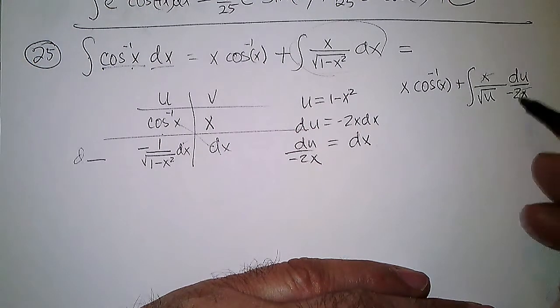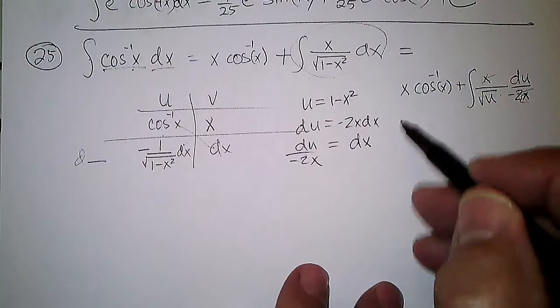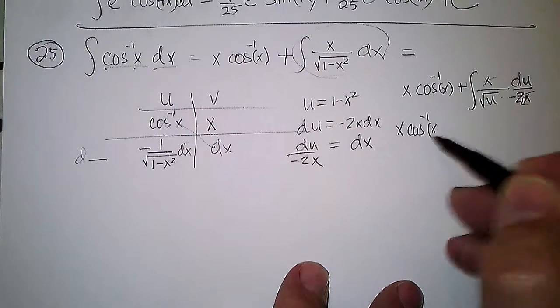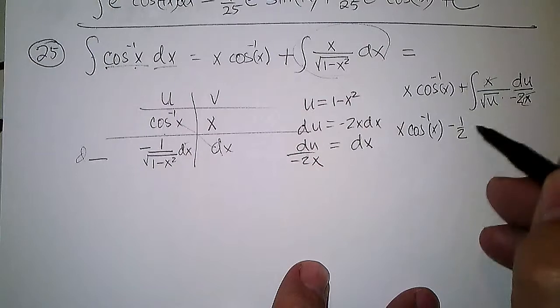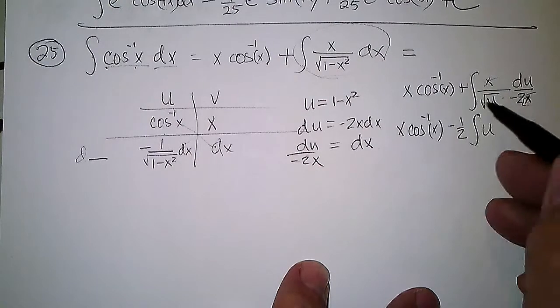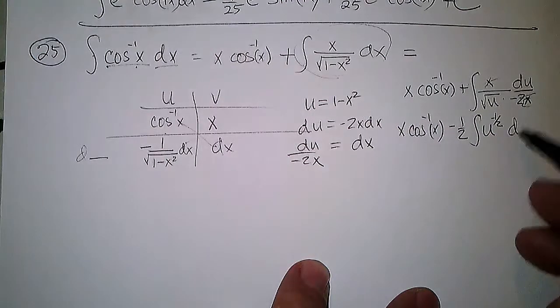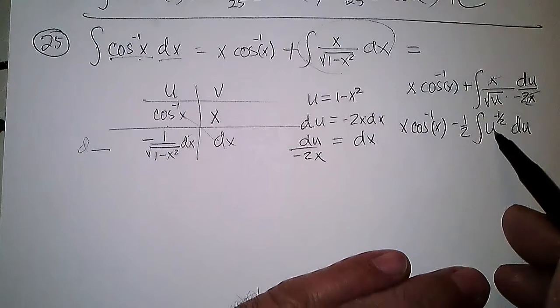The x's cancel, but the minus 2 comes out as a minus a half, so I have x cosine inverse of x minus 1/2 the integral of u to the minus 1/2, because that's in the denominator, du. So now I'm going to integrate this.